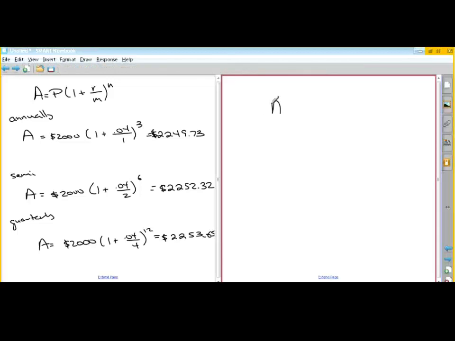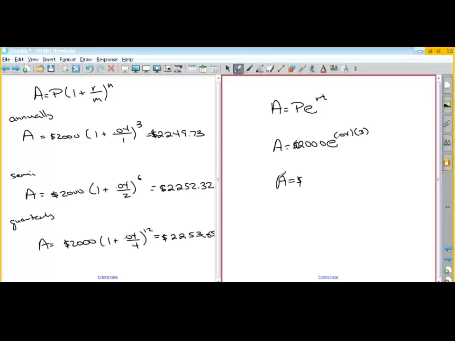And they don't ask us to do it, but if you did it compounded continuously, you would say the amount is the principal times e to the RT. So you take $2,000 times e to the 0.04 times the time, which is 3 years. And again, it should be even higher, but even less so.